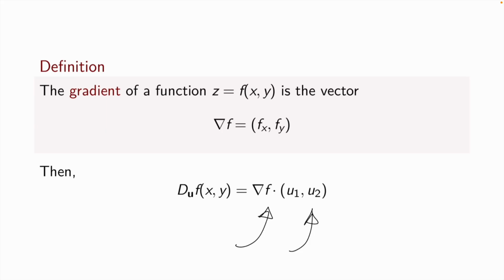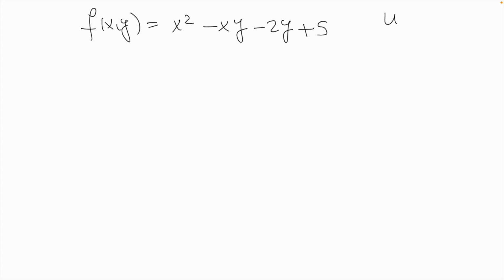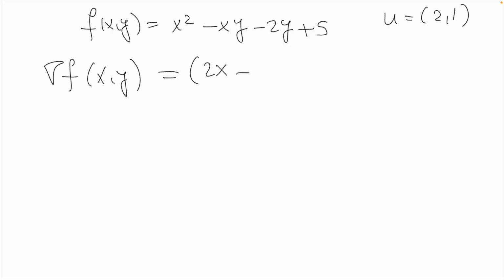calculate the directional derivative. For example, in our previous example where we calculated the directional derivative of this function in the direction of this vector, we can now calculate this directly by saying, well, the gradient of the function is the vector (2x minus y, minus x minus 2), right? The two partial derivatives that we have calculated before.